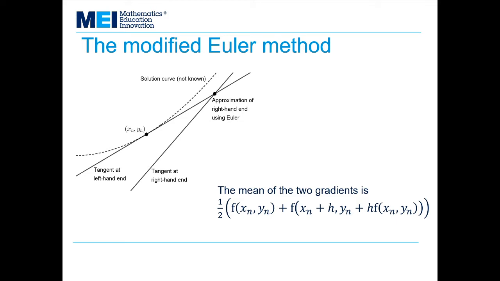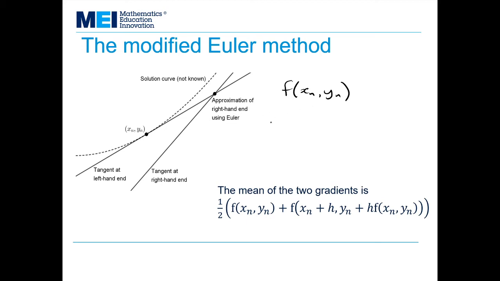The problem is we don't know the point on the solution curve at the right-hand end, but we can approximate it, and that's how the modified Euler method works. So we know that the tangent at the left-hand end is f of xn and yn.